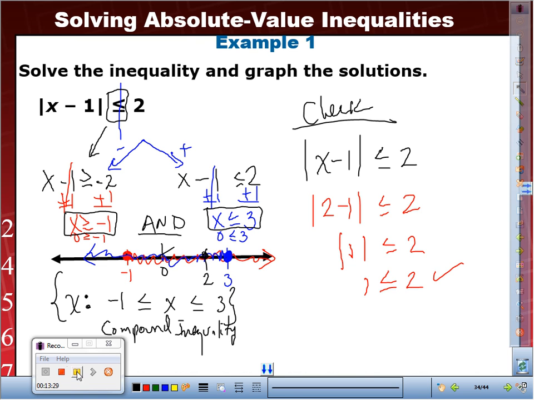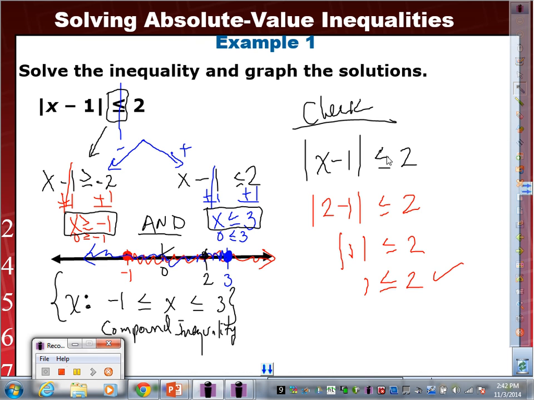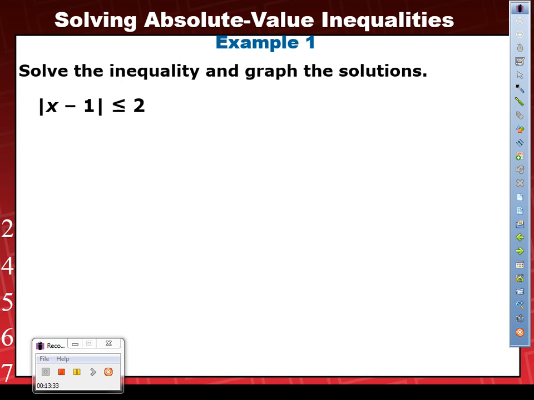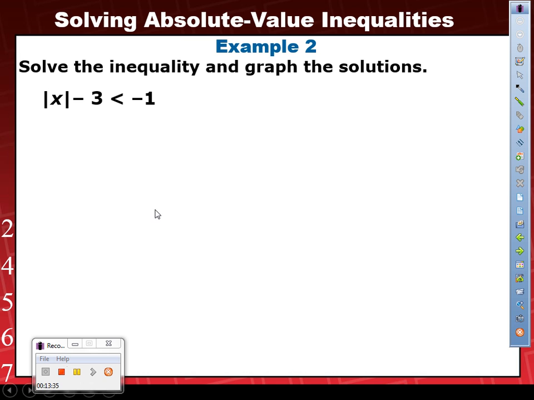Okay, let's move on. Copy this next one down, please. Example 2. If it doesn't fit, you do that in the back. Example 2. We got solve absolute value of x minus 3 less than -1. All right, here we go.